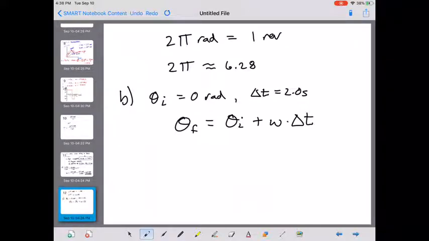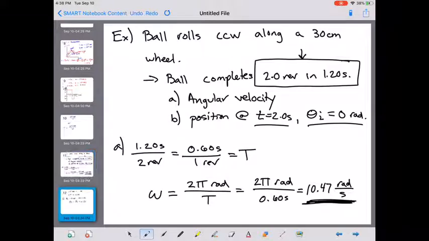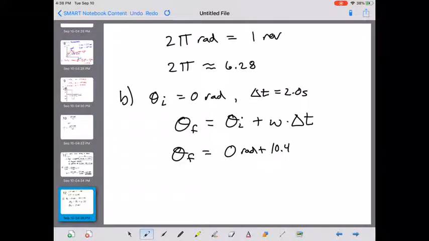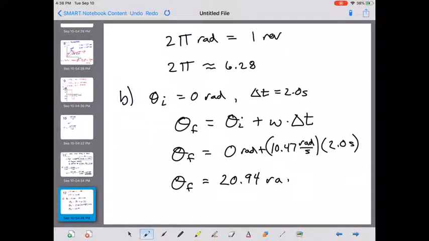I know theta initial, I know omega because I just solved for it, and I know delta t. So now we can plug in: theta final is equal to 0, plus 10.47 radians per second, times delta t of 2 seconds. So I get that my final position is equal to 20.94 radians.